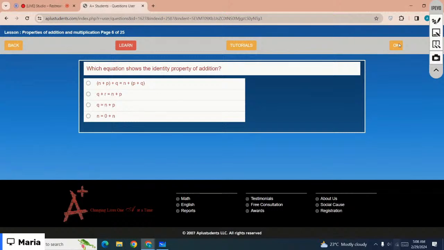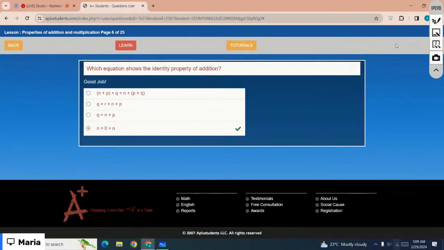Very good. 0 plus n equals n, and that is the correct option.